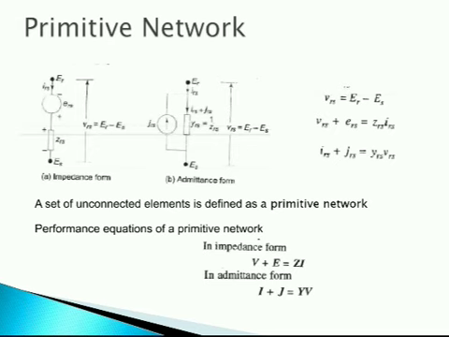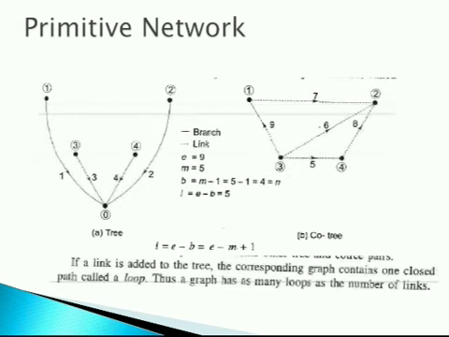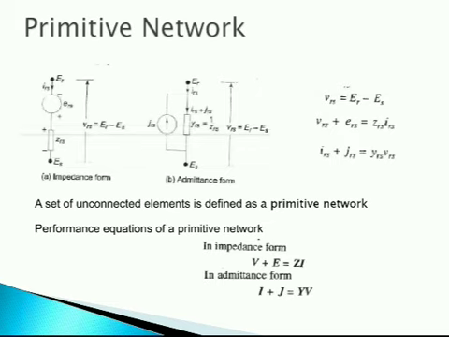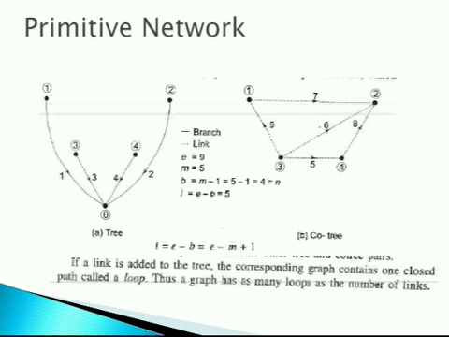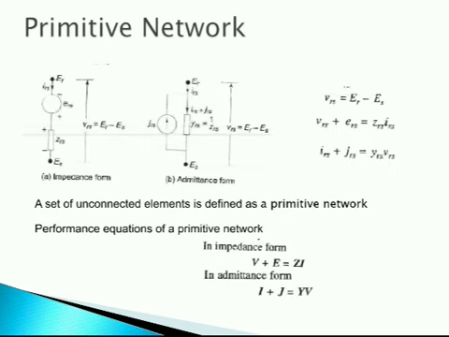So imagine these elements either in the impedance form or the admittance form; you convert all of them to a single form, either impedance or admittance, to represent the circuit given by this graph. If you solve, the equations will be of the format V equals E plus ZI, and I equals J plus YV.